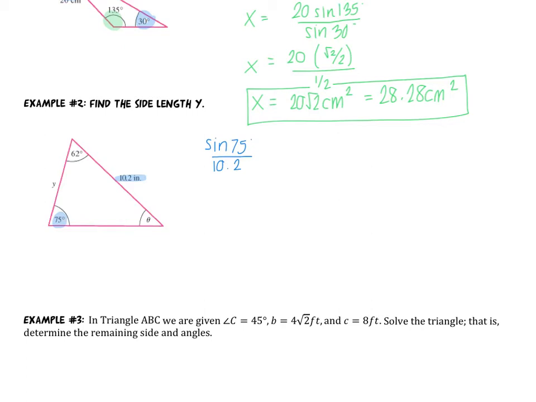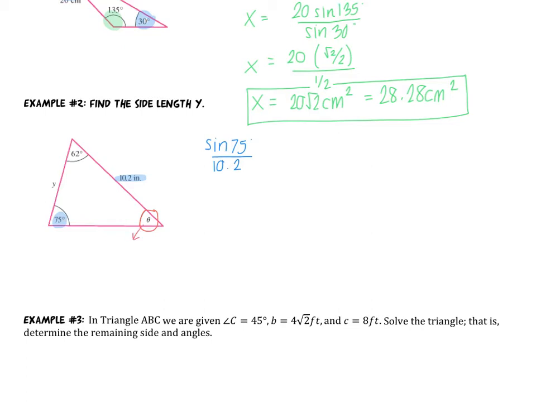Is it possible to find this side length? I guess we could do this ratio of sine of 75 over 10.2 equals sine of 62 over x, but that still doesn't help me find y. So instead, I'm not going to find this. It's not needed. Instead, I am going to find this angle here, and that's pretty easy because a triangle sums to 180.